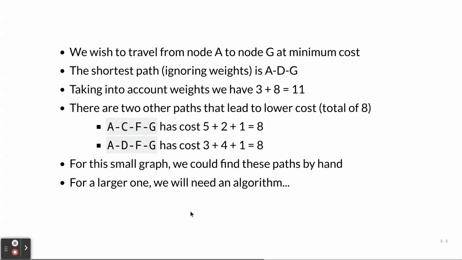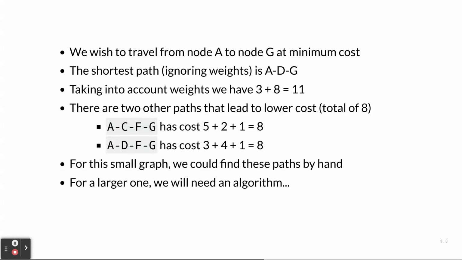If we were given a much larger graph, suppose we consider the graph of Twitter or of Facebook, or maybe the graph of all highways in the United States, it would be very difficult to try and find shortest paths between a pair of nodes on a graph of that size just by hand.